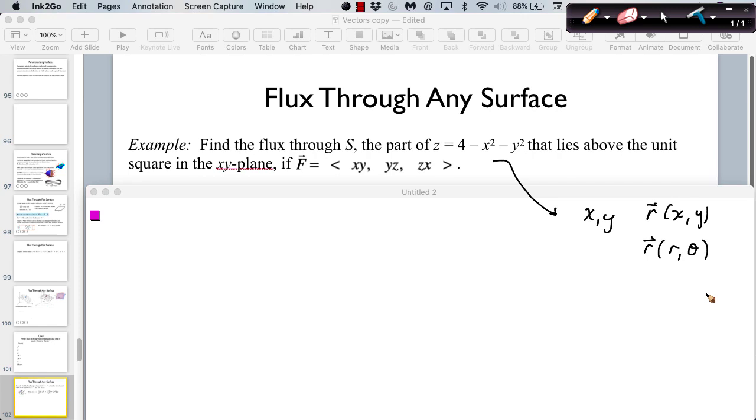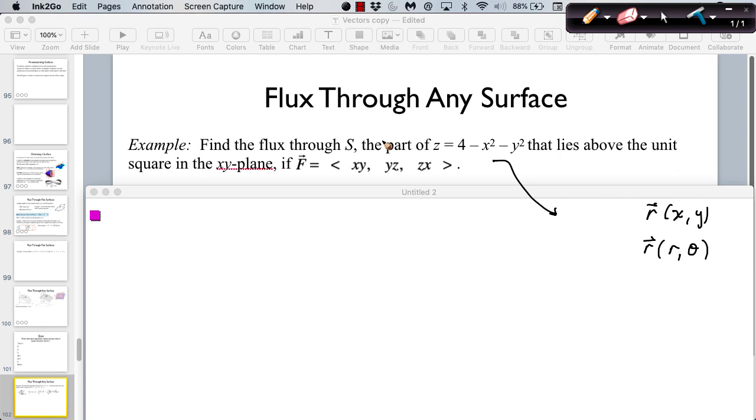So which is going to be more natural for this flux problem? x-y or r-theta? Someone just started saying x-y. How come? Does it have to do with the field?